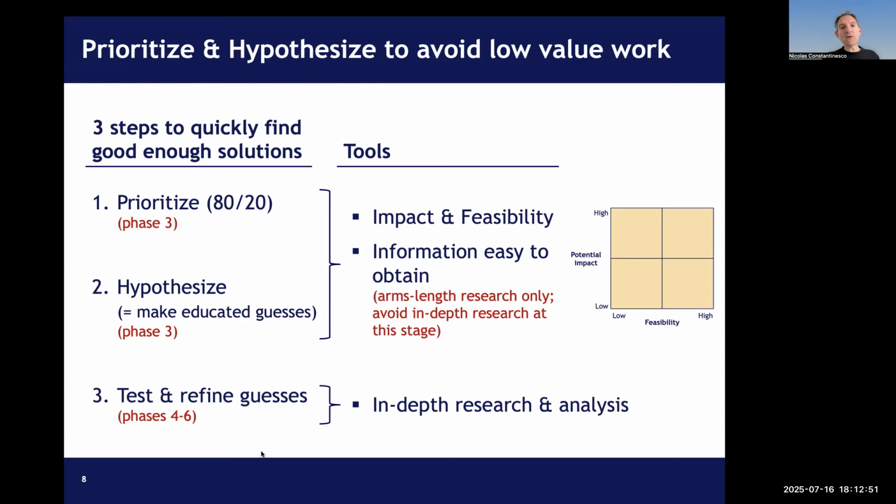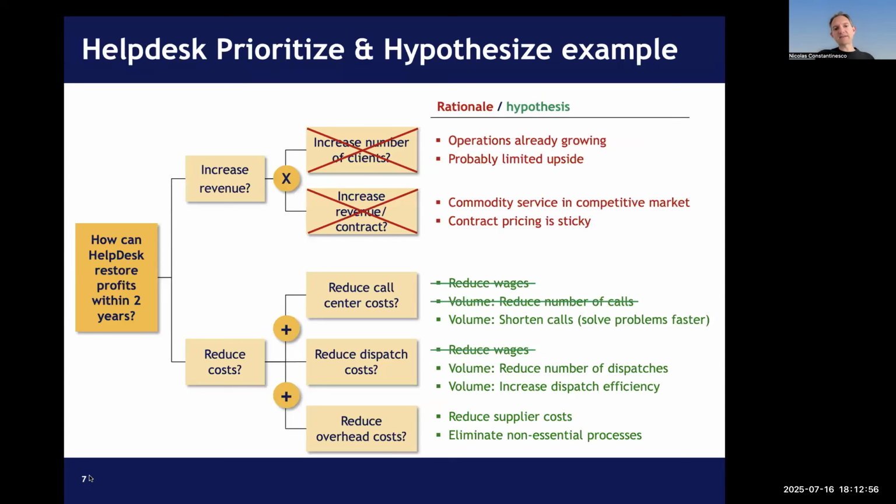So now that we have hypotheses, for example, in the help desk case, it's all these green statements that are not crossed out. These hypotheses are directional answers. They're not specific answers, but directional ways of answering those questions on the left.